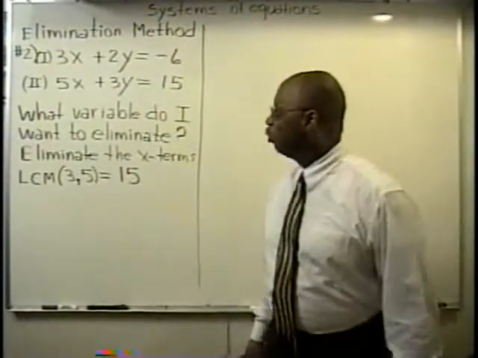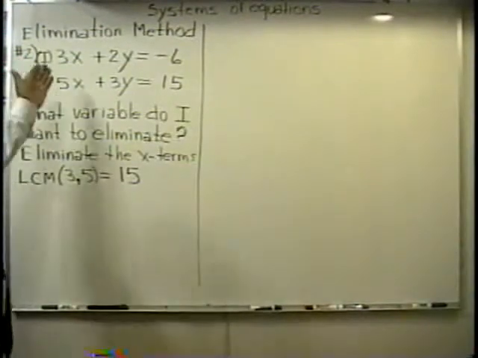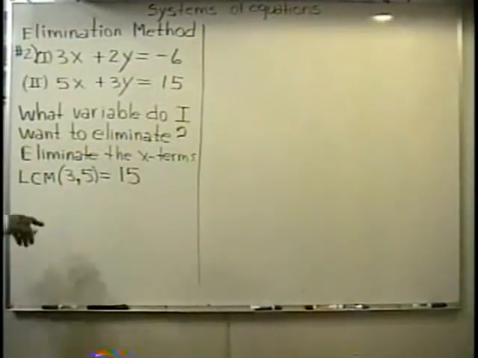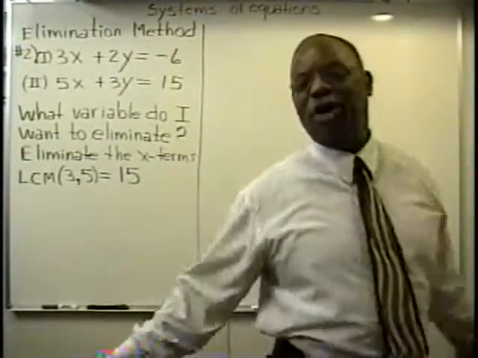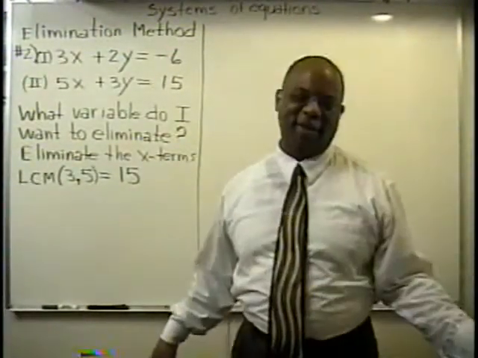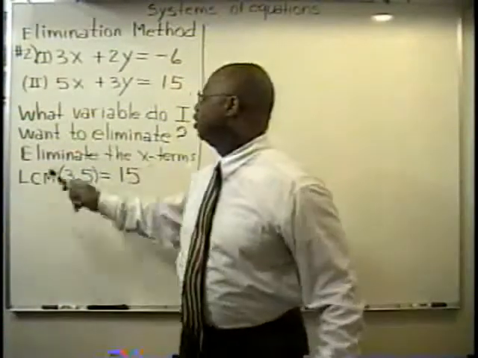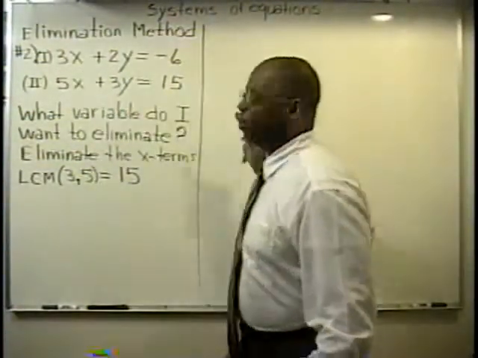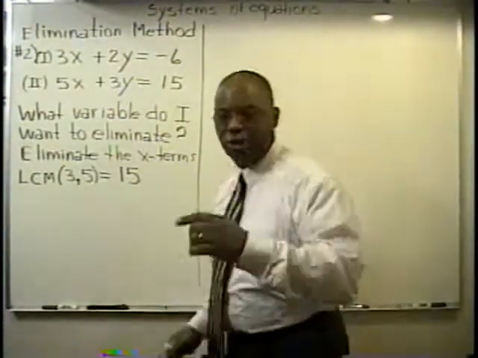So, next question. Which equation do you want to make the term negative? Let's do it in the first. So, what times 3 is 15? 5. But I want this to be negative, so I need to multiply the entire equation by -5.